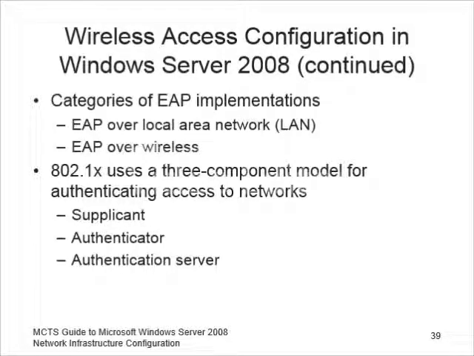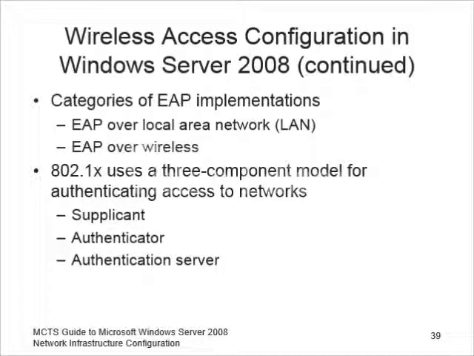Despite its name, the authenticator does not actually verify the user or computer credential. Rather, the authenticator forwards the supplicant credential to the authentication server. And finally, the authentication server. As just mentioned, this is the server that verifies the supplicant's authentication credential and informs the authenticator whether to allow or disallow access to the 802.1X secure network port.